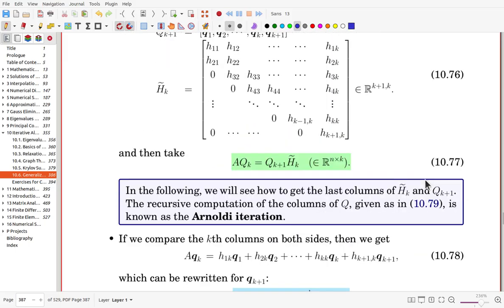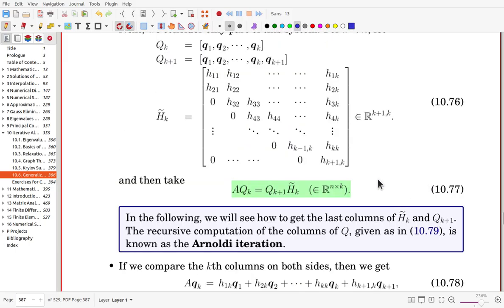Okay. Now, if we consider A Qk and then the last column, A times qk, that must be equal to the last column of the right side, that is Q times this column, with q1, the coefficient is h1k, then h2k, q2, h3k, q3, and so on.